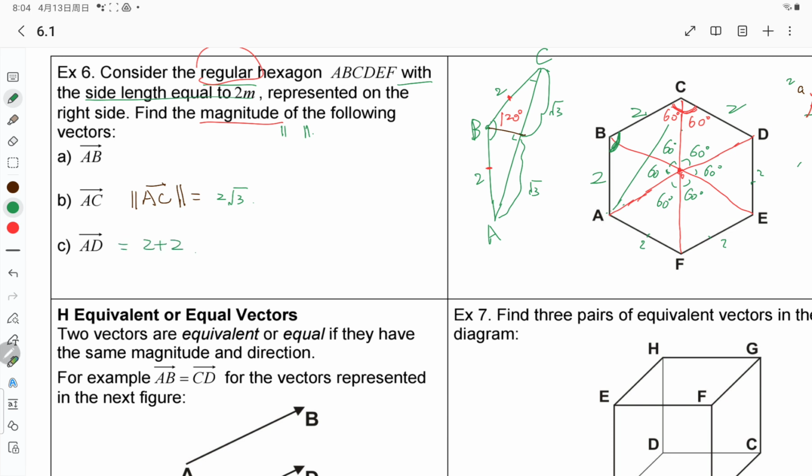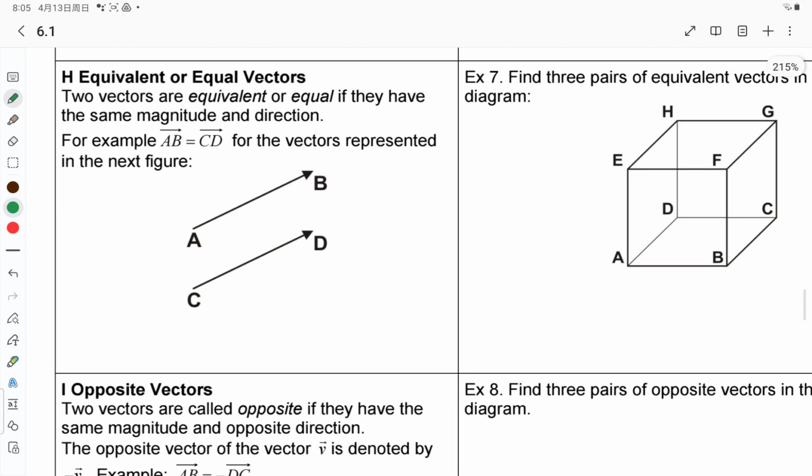Right. And then let's see H, equivalent or equal vectors. Two vectors are equivalent or equal if they have the same magnitude and direction. Sure. To compare vectors, we're comparing the two components, the information components of the vectors, right?